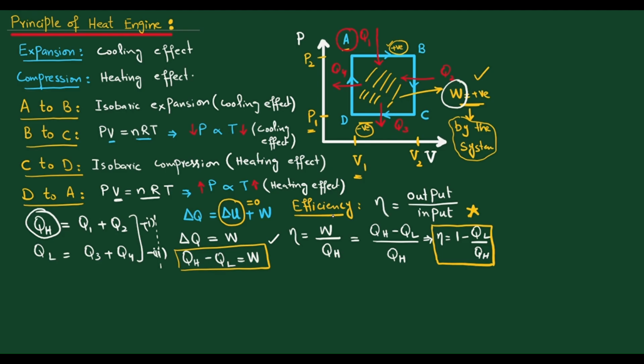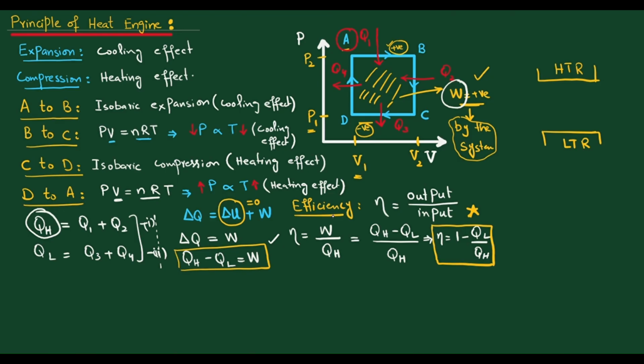In a diagram like this, we have a high temperature reservoir and a low temperature reservoir, and we can see the heat traveling.